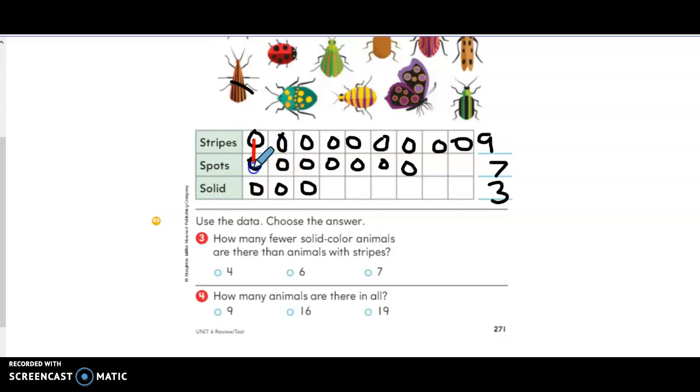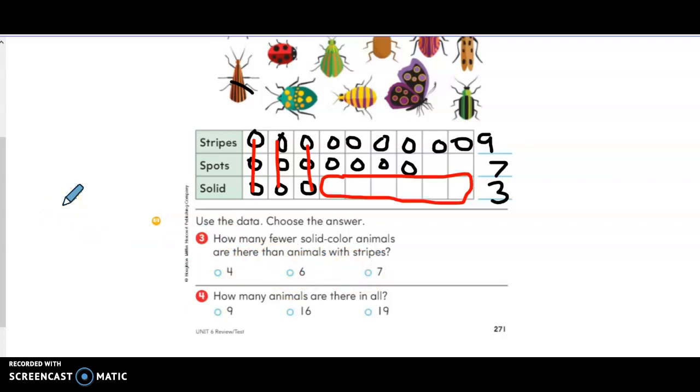So animals with stripes and animals with solid, same, same, same. I'm going to start our oval right here, and it goes all the way out to the animals with the stripes. Okay, there's our oval. Now count your difference. 1, 2, 3, 6. 6. Can you fill in the bubble next to the number 6?